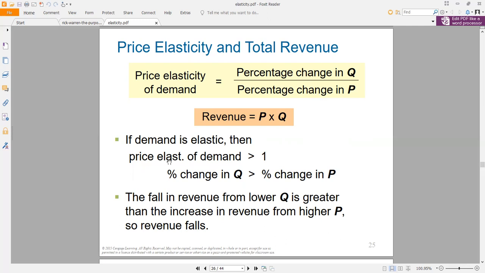Now, let's remind ourselves that demand being elastic means that the percentage change in quantity demanded is greater than the percentage change in price. So what this means is that if you increase price, then the fall in revenue resulting from the reduction in quantity will be greater than the increase in the revenue resulting from the increase in price.